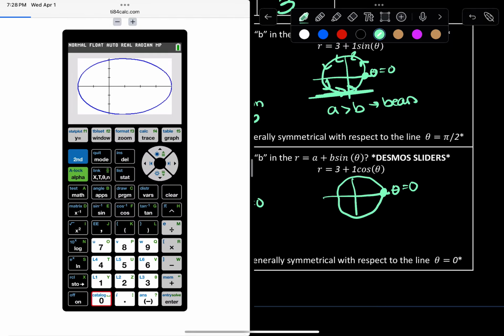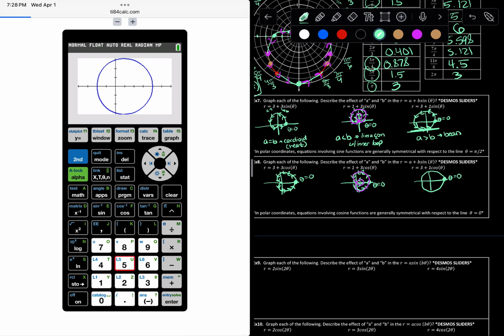We'll do zoom 0. And you can't really see it like this. If you do zoom square, so zoom 5, you'll be able to see it better. You see that it's more elongated on the right side than the left side. That's why we call it a bean. So in polar coordinates, equations involving cosine functions are generally symmetric with respect to the line theta equals 0 degrees.